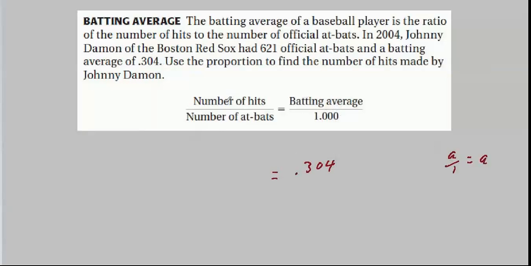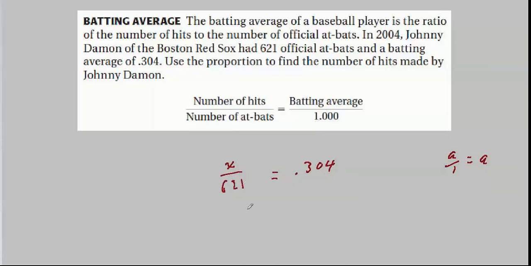Number of hits, that's what we don't know. And the number of at-bats was 621. So, if we had a 1 down here, we'd write 1 times x equals 621 times 304. But I think you guys are smart enough to figure out that there's always a 1 down here if you want it to be.